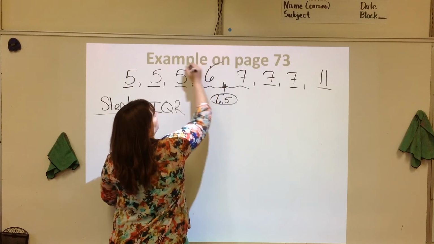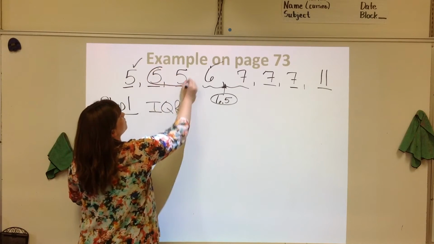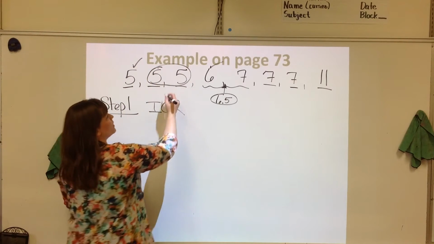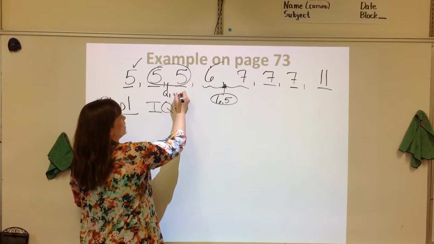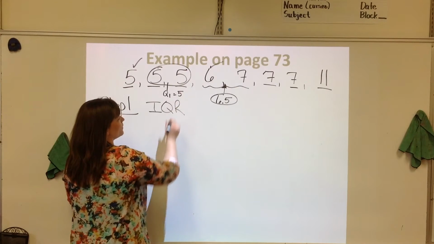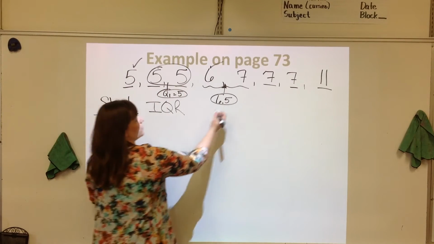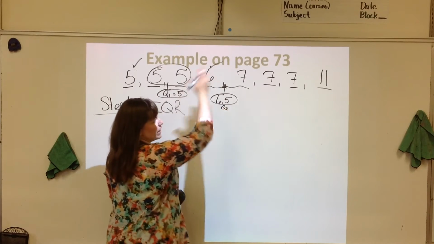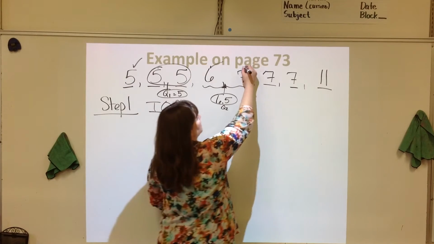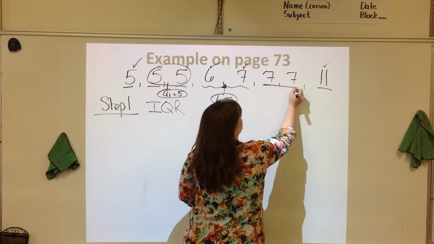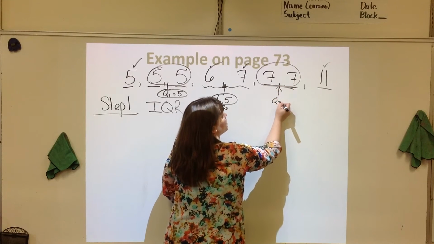So if I cross or check them off, we have 2 numbers in the center on the low end, and they're both the same, which means Q1 is 5. So that's what we need for the IQR. This was Q2, and now we have to go over to the upper half and find the middle value here. We have a 7 and 11, and that leaves us with 2 7s here, meaning Q3 is a 7.